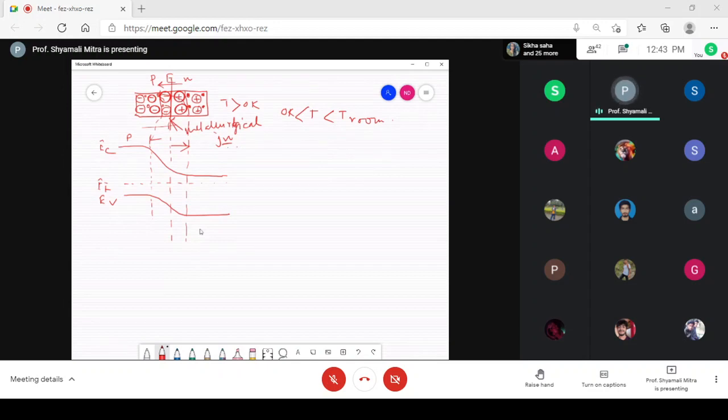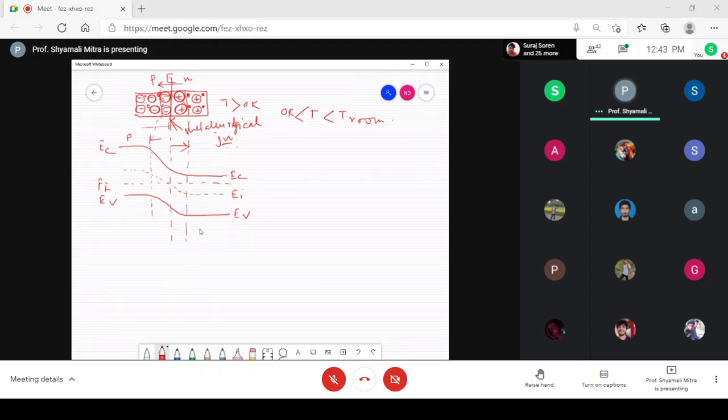Now we can relate our previous discussion to the energy band diagram that has been drawn. This is the intrinsic energy level, which is at the middle of the band gap. This is EC, this is EV. The intrinsic level tells how many intrinsic carriers are present.